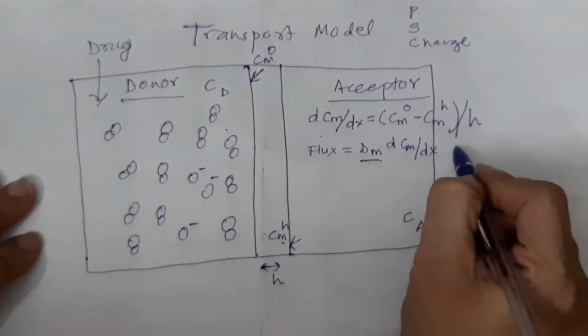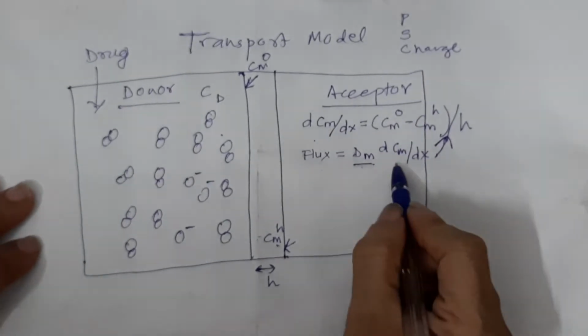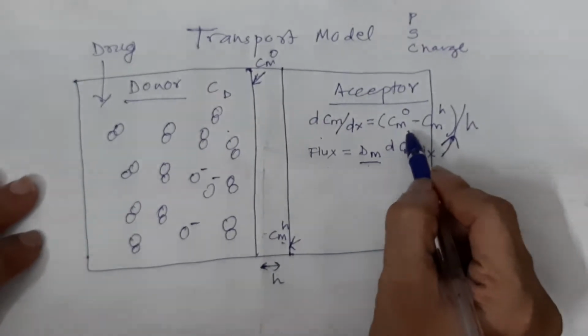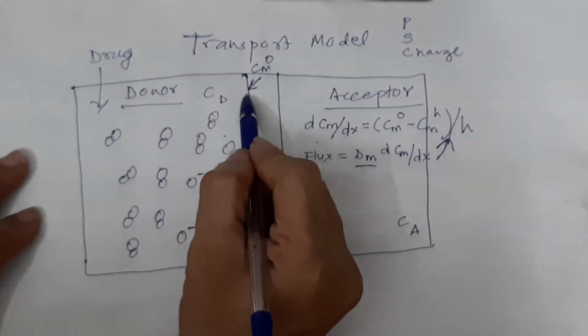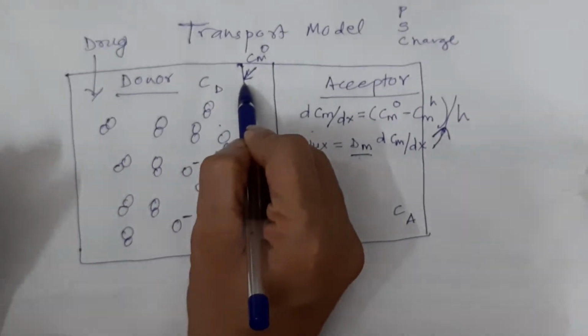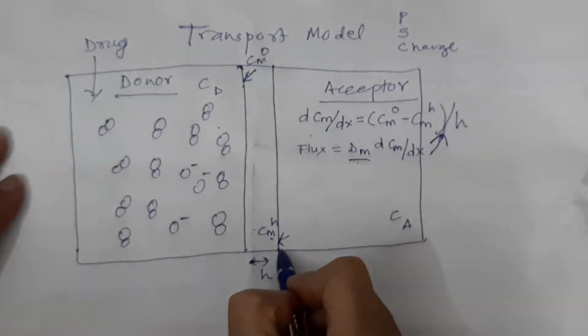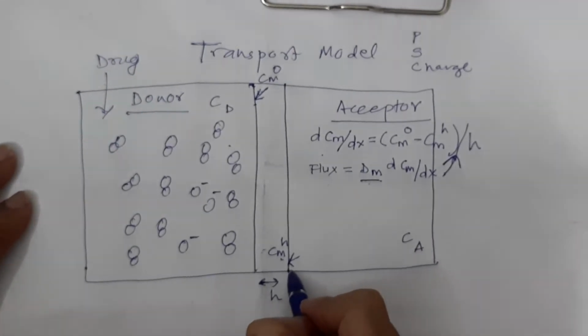Then, as per Fick's first law of diffusion, this rate of change in the concentration in the two compartments is governed by the concentration of the drug at the initial surface of the compartment and the surface which is exposed to the acceptor.